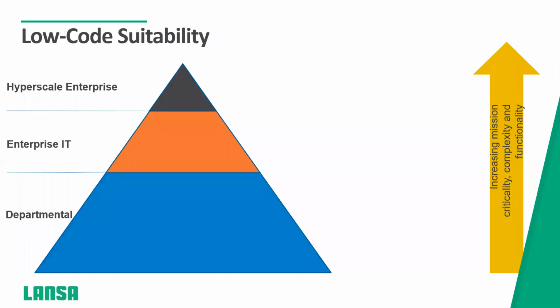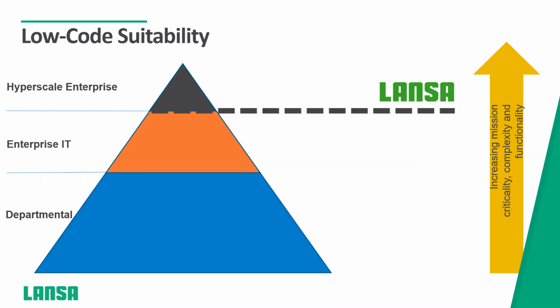I put this slide in to talk a little bit about where we fit in terms of low code suitability for different application requirements. A lot of low code or no code solutions are focused below this line, departmental solutions that what John described as citizen developers could use to build the kinds of applications that they need to do their job better. But LANSA focuses really in the next tier.